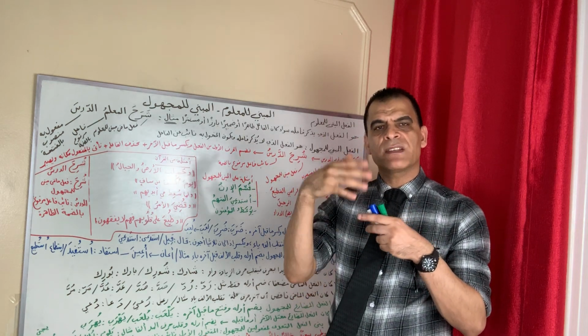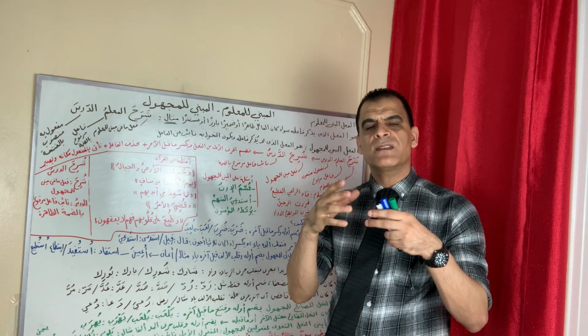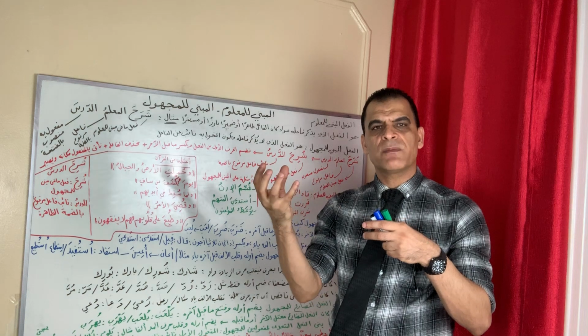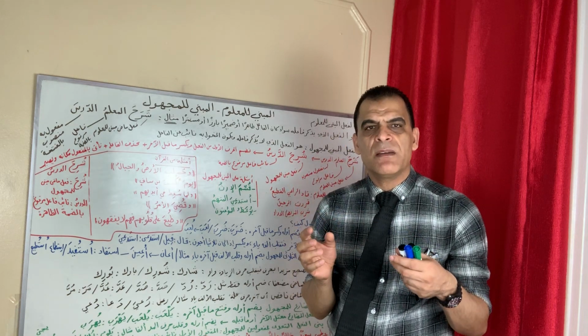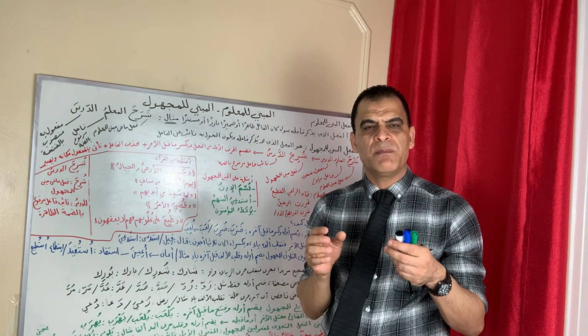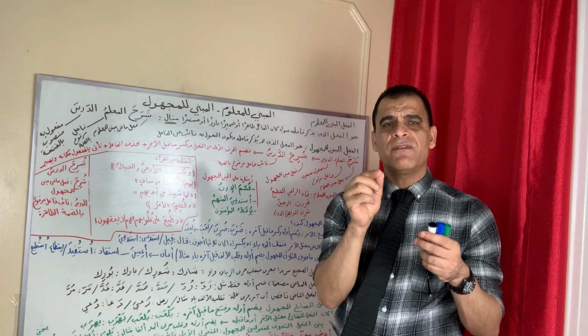The object before takes fatha over it. Now we make the object take the place of the subject and we give it ضمة and call it نائب فاعل. And we also make a change in the verb.